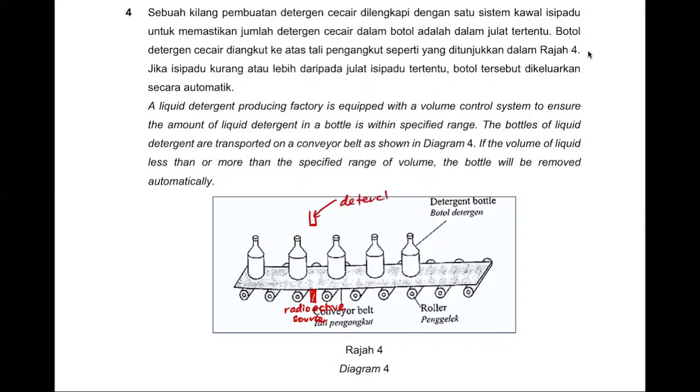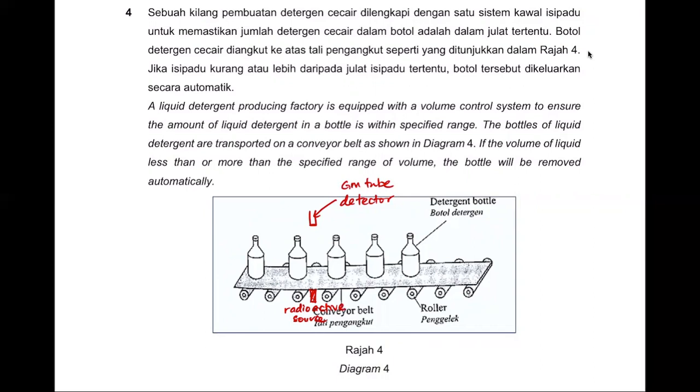So this is the GM tube detector. So when the bottles pass through in between the radioactive source and the GM tube detector, it will be able to trace whether the volume is more than or less than the specified range of volume.